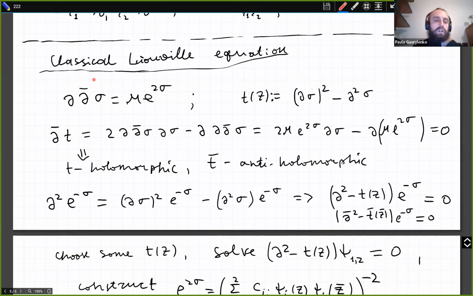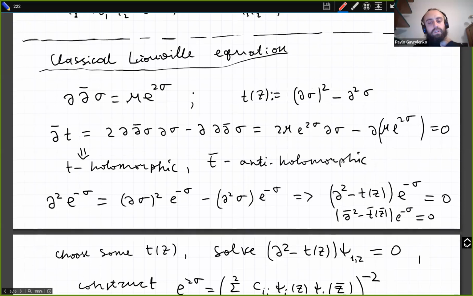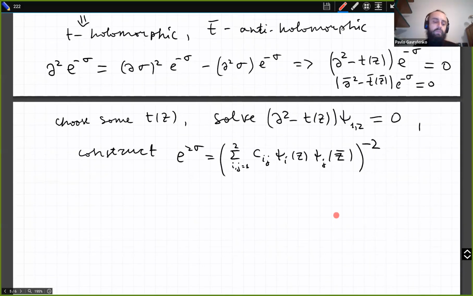Because it is the scalar curvature multiplied by the square root of the determinant of the metric, and this is just the square root of the determinant of the metric. So this should be single valued in the general case.